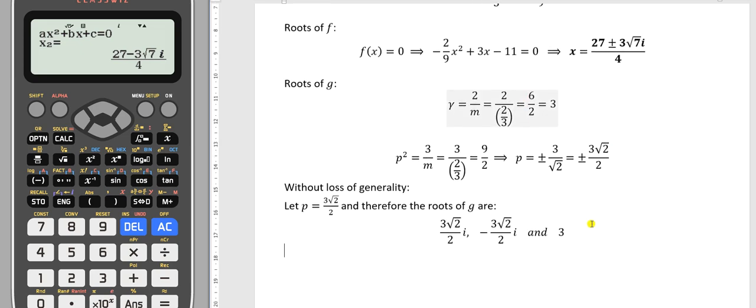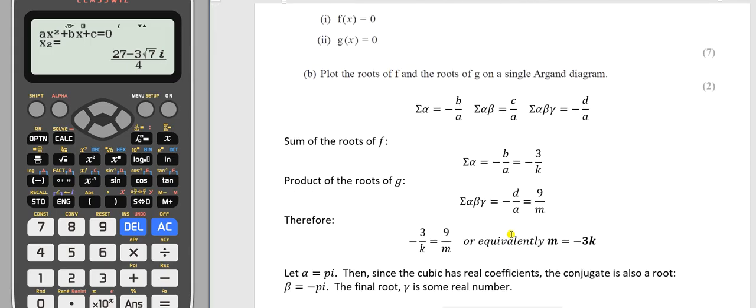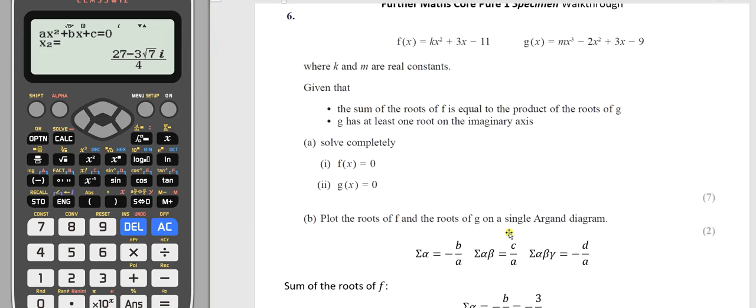m is 2/3, we can check. In the same way that we solved the quadratic, you could solve the cubic on the calculator. So we're solving 2/3 x cubed minus 2x squared plus 3x minus 9.